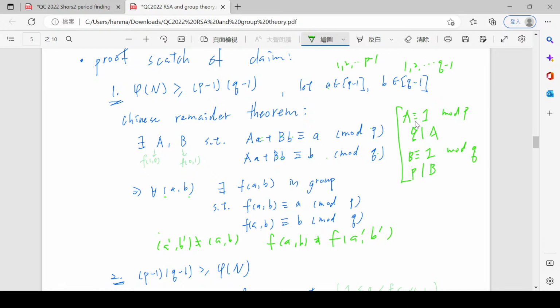And also I guess we can do a very short proof of the Chinese remainder theorem. It's just because, let's say it's big A, right? So big A is a multiple of Q, we actually already proved this.